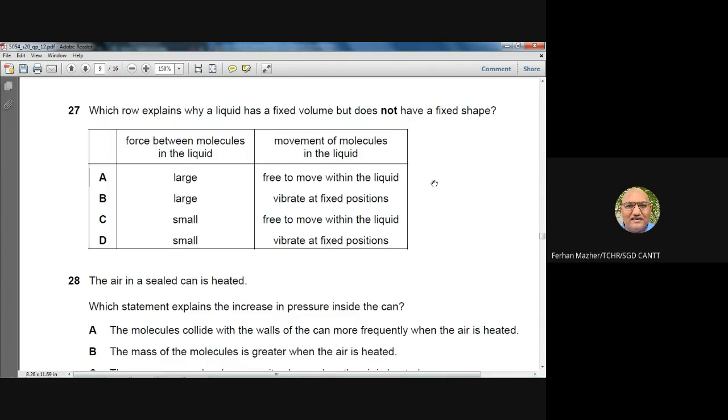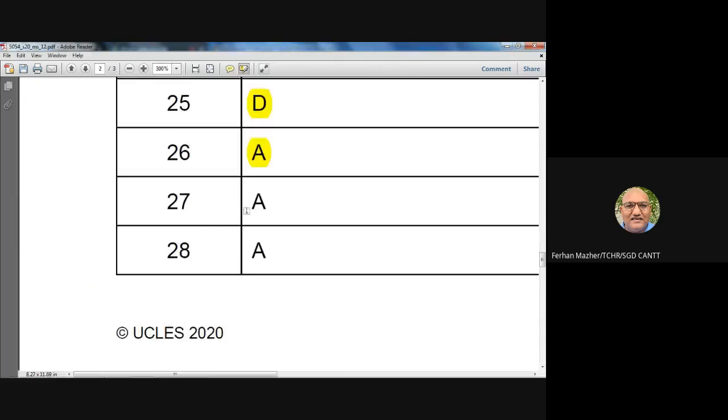Because the intermolecular forces are very large. And why does it not have a fixed shape? Because the particles or molecules of the liquid are free to move within the liquid. A looks the best option. Question number 27. A is the option.